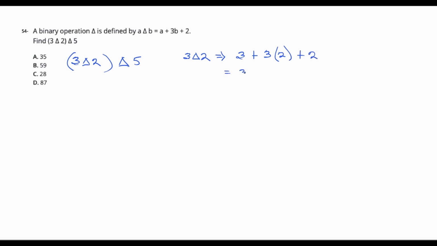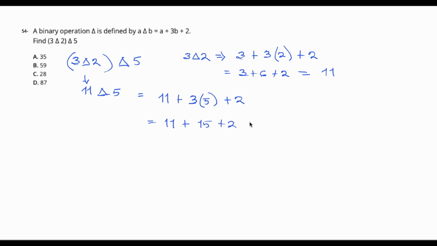So this is equal to 3 plus 6 plus 2, and this is equal to 11. So now we have 11 operation 5. And that's going to be equal to A, which is 11, plus 3B, which is 5, plus 2. So this is 11 plus 3 times 5 is 15, plus 2. So that's equal to 11 plus 15 is 26, and 26 plus 2 is 28. So that's equal to C.